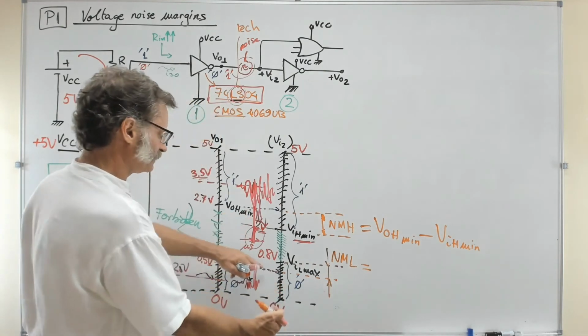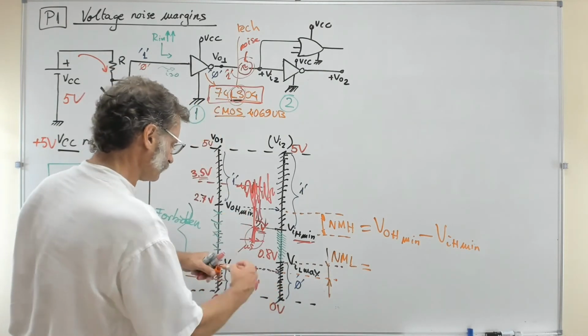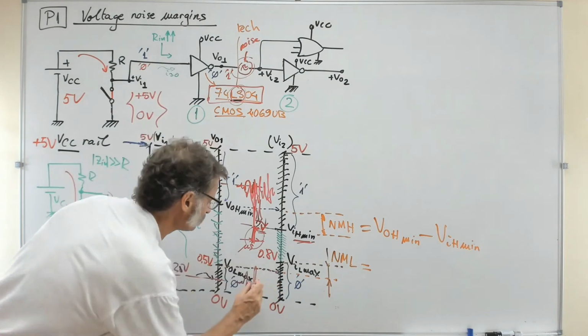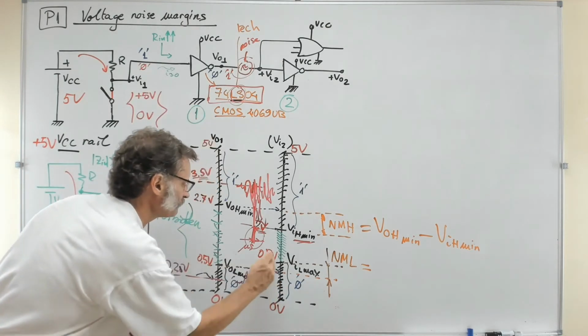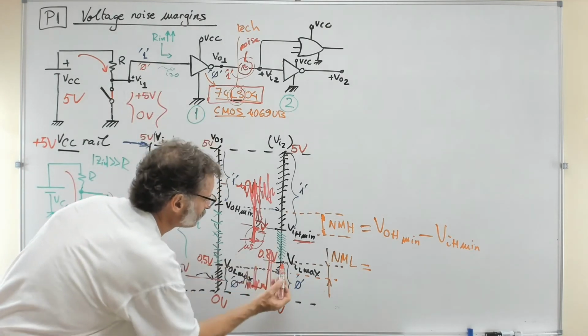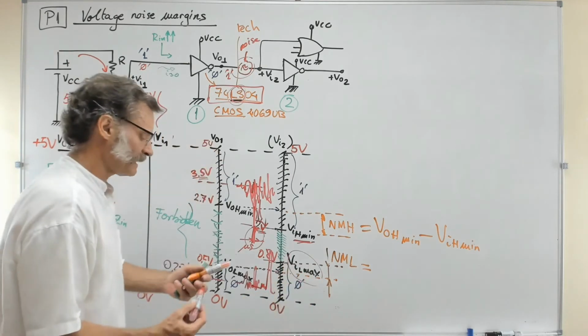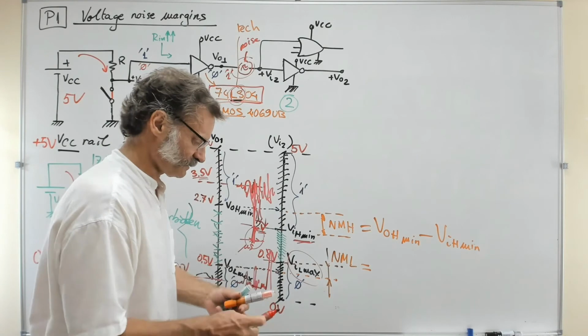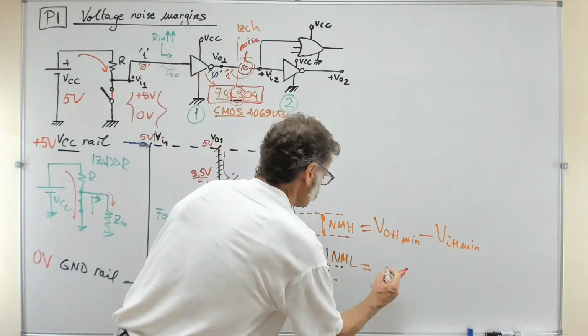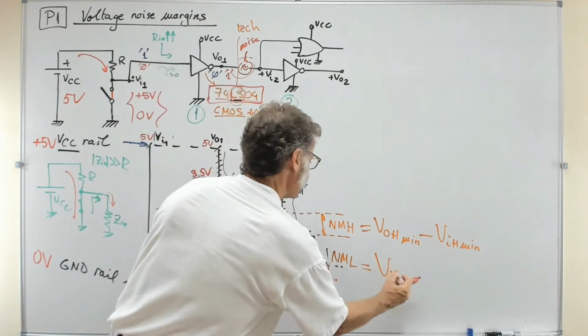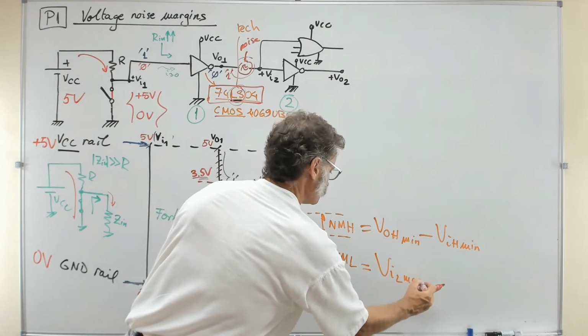It's the same idea. You have a signal, it can go like this. You see, you can have a spike in time that goes for some time above what is understood as a VIL maximum. So this is the same concept here to write. So this is the VIL maximum, right?